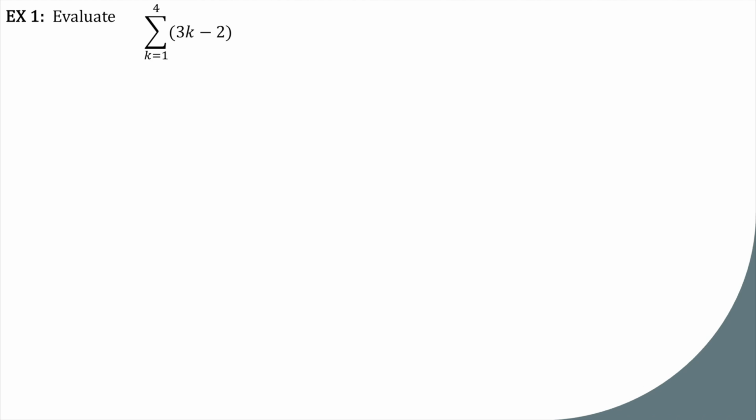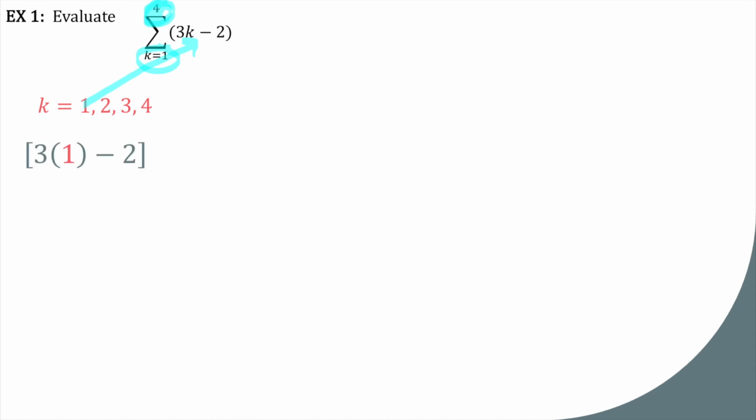So to evaluate a summation, you figure out where you're starting and where you're ending. So we're starting at k equals 1, and we're going to have 1, 2, 3, and 4. We're ending at 4. And each of these values is going to just get plugged in to the expression.